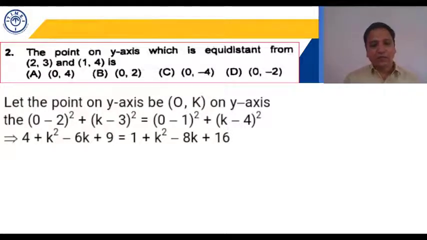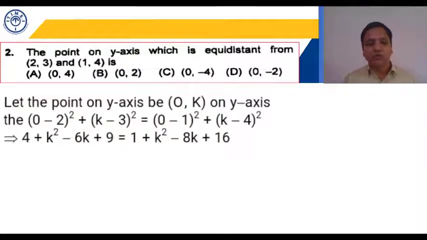On the right hand side, it's (0 minus 1) square, that is 1, plus (k minus 4) square, that is k square plus 16 minus 2ab, which is minus 8k. Now it seems to be a quadratic equation, but it is not, because k square has the same coefficient on both sides, so it will cancel out.